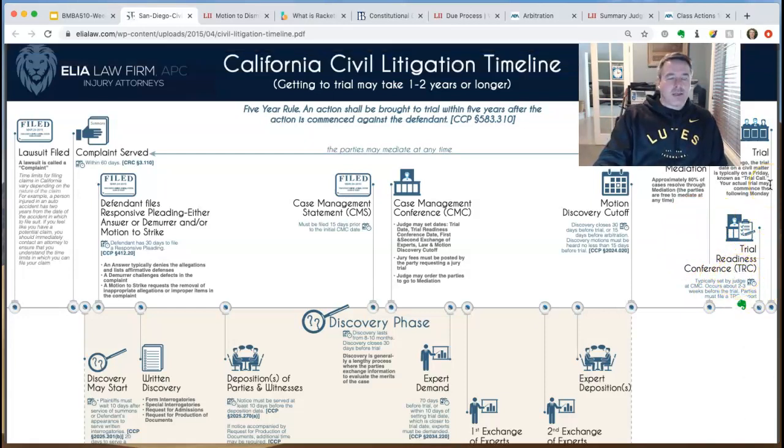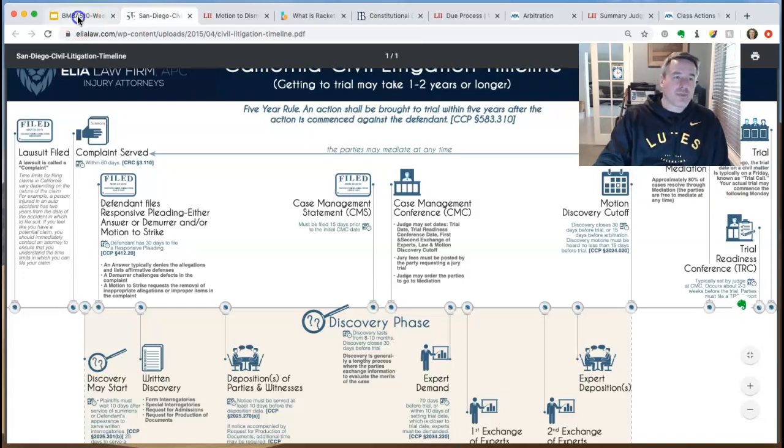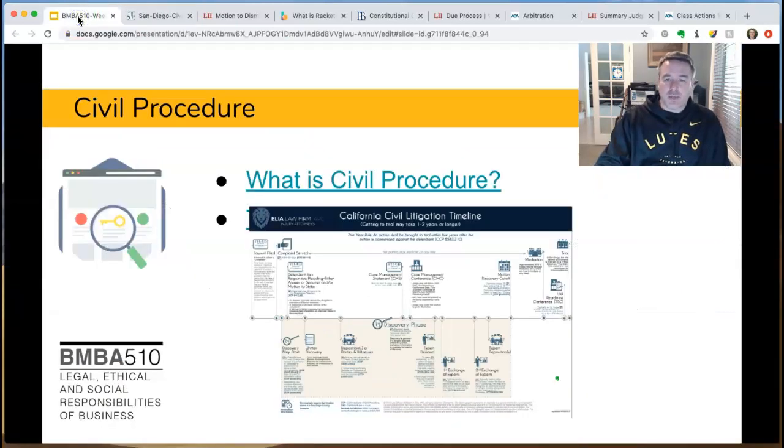This timeline in many cases is years. It's at least a year and a half in state court in the state of Washington. But some cases can drag on for years and sometimes even decades, depending on how complicated they are. All very, very, very expensive.